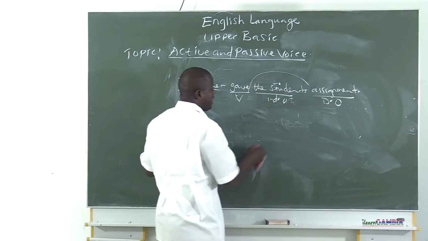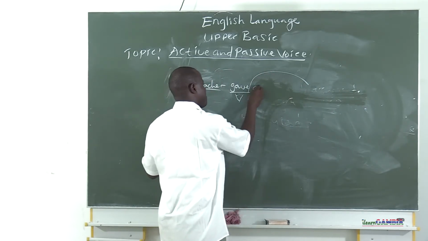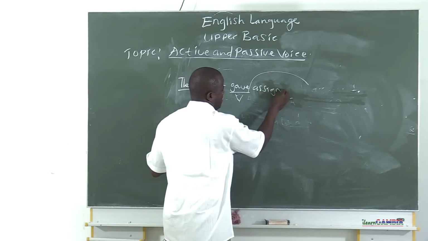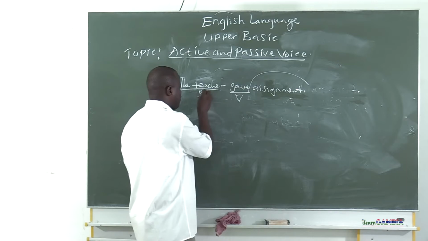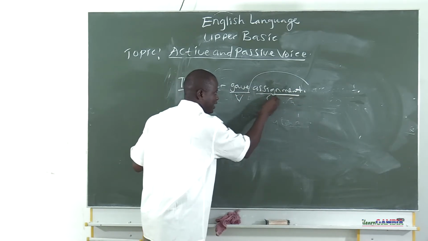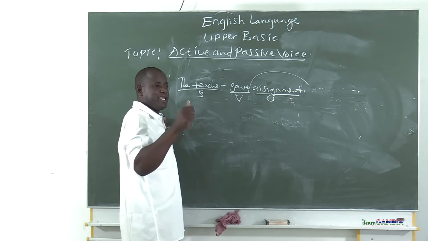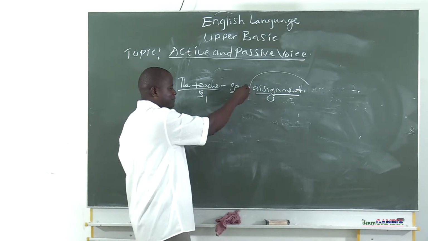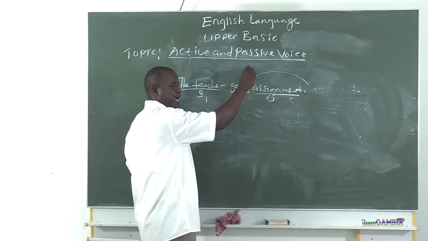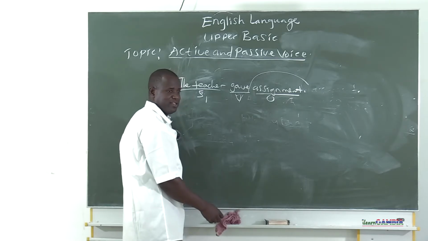So the sentence could have been, the teacher gave assignment. So in that case, you have subject, verb, and object. As you can see, it has a clear subject, which is the teacher, a clear verb, give, and plus an object, which is assignment.